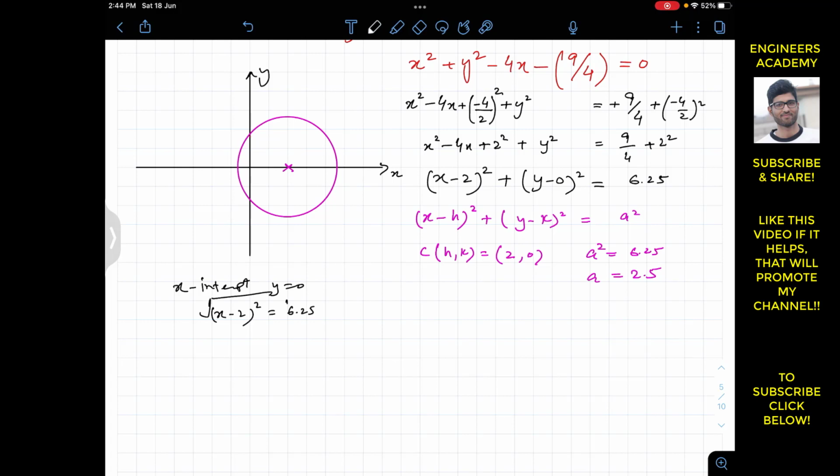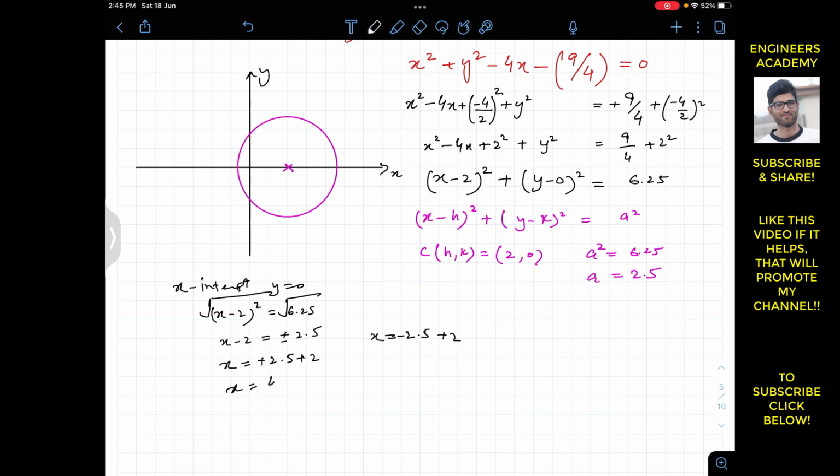If we take the square root on both sides, we will have x minus 2 equal to plus minus 2.5. Now from this, x is equal to plus 2.5 plus 2, and similarly x is equal to minus 2.5 plus 2.